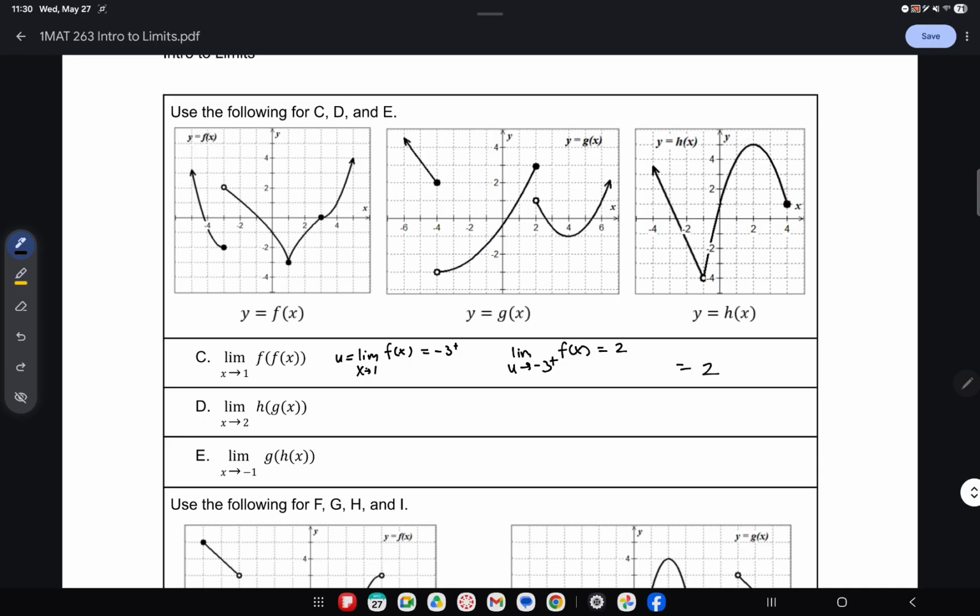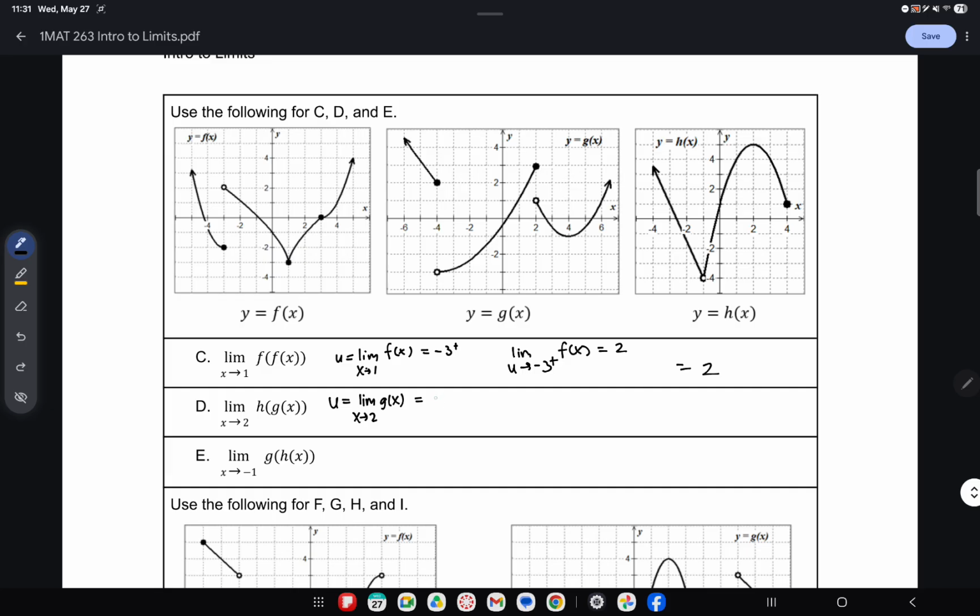All right, now let's do the limit as x approaches 2 for h of g of x. So we're going to let u be that inside one. So the limit as x approaches 2 for g of x. So g of x as it approaches 2 has 2 different answers, right? So we have 2 different u's to use.